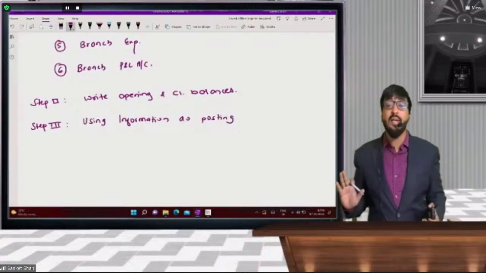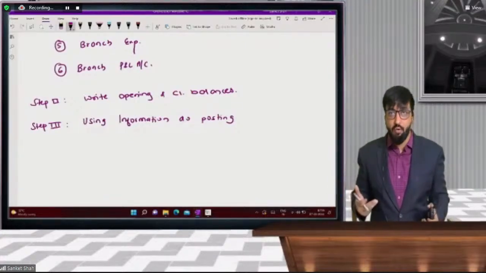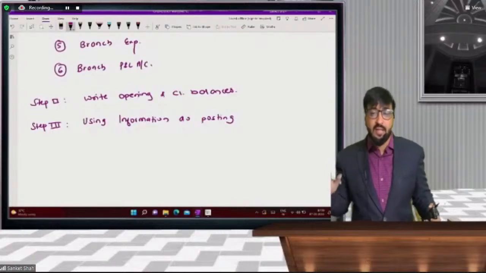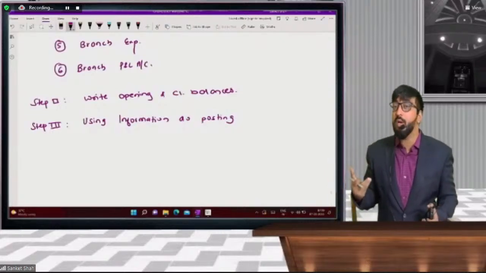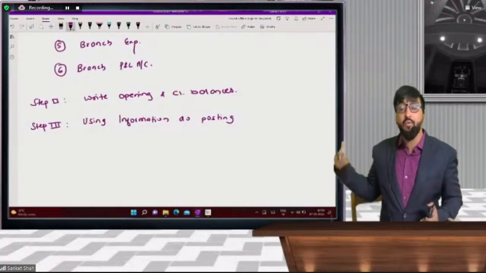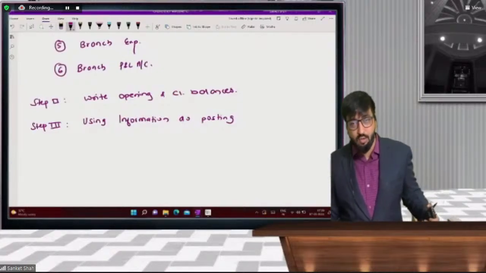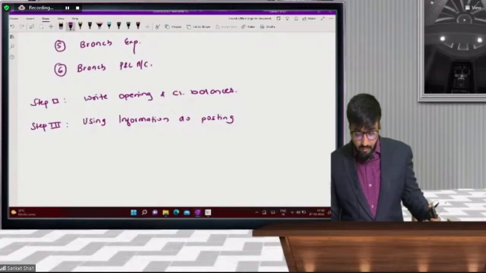This is Sanket sir's logic. Otherwise, in books it is given and you have to learn the pro forma. But Sanket sir is telling you why this is not a memorandum account: we are preparing accounting as per the branch only, and therefore we can't call it a memorandum account.